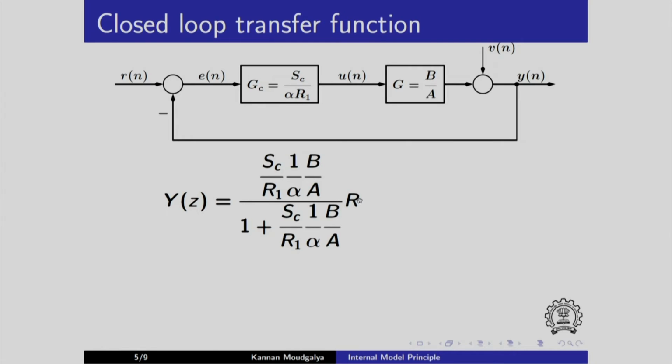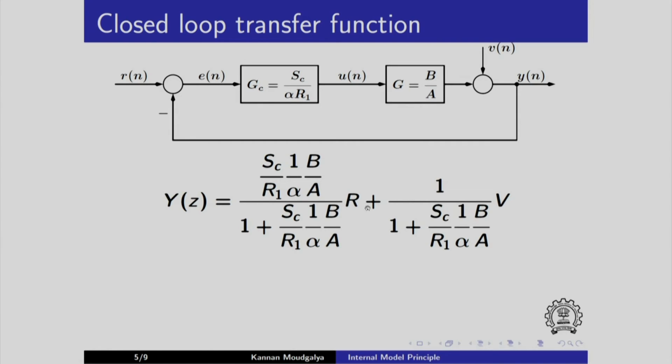So I put R here, which is the Z transform of this small r of n, the reference signal, plus the transfer function between V and Y, which is given here. The forward gain is 1, so you get 1 here, and then the denominator term is the same as what you have here, times capital V of Z.